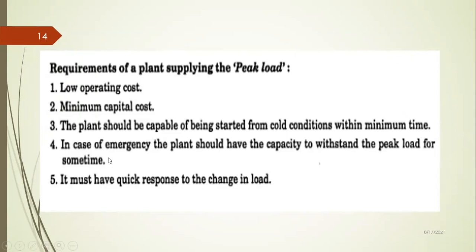Here the word used is some time, that is for a short duration, not for a long duration, because these types of plants should not work for a long duration. They just work for some hours, like 2 hours or 5 hours or 6 hours, that's it. They have the low capacity.